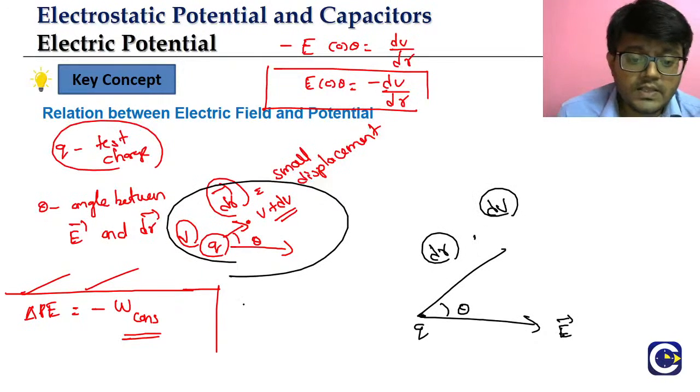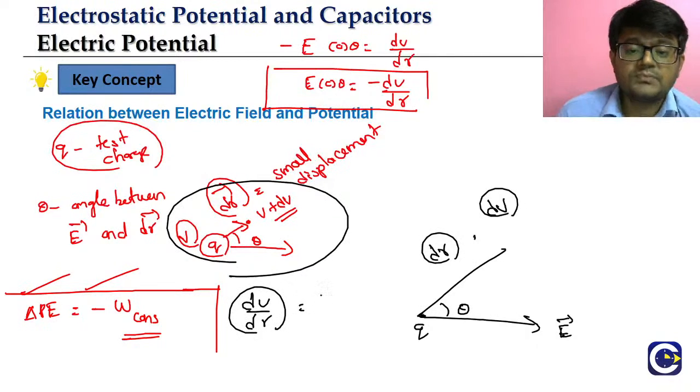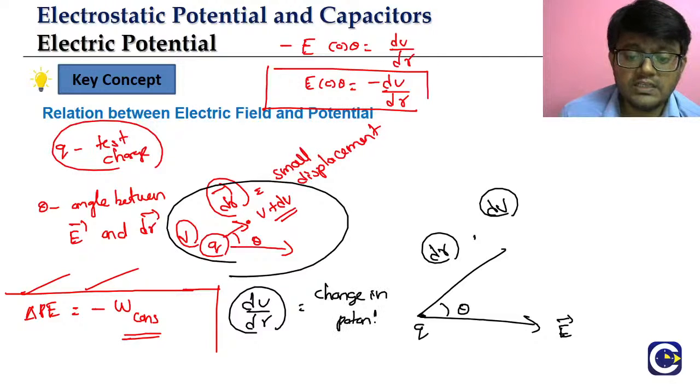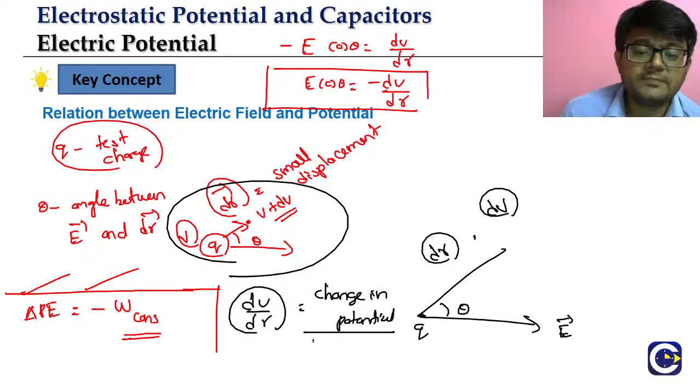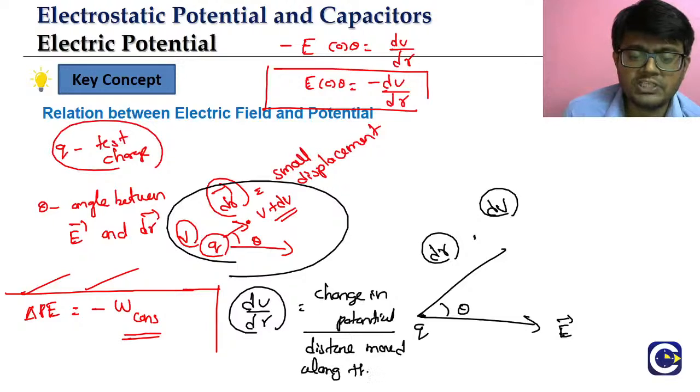What is dV by dr? It is the small change in potential divided by the distance moved along the direction. Small change in the potential divided by distance moved along the direction.